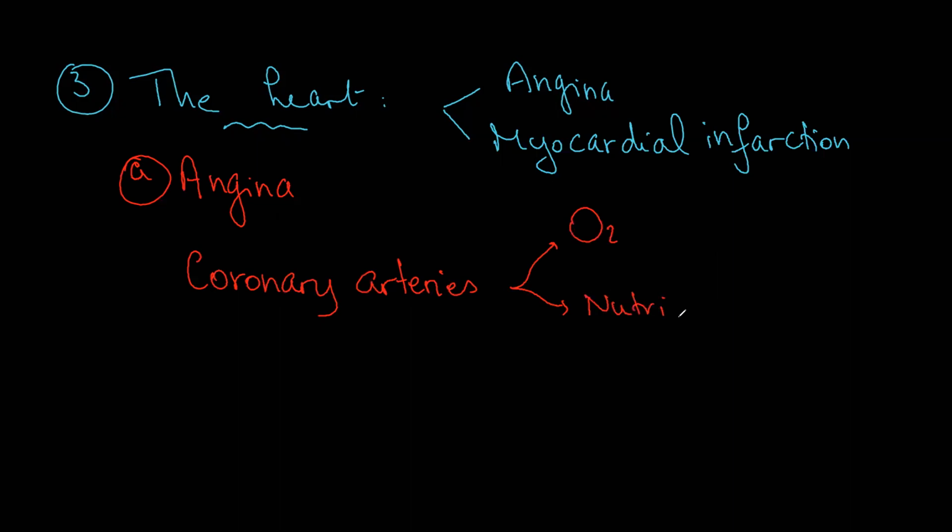Why? Because the cardiac muscle is a part of the body, so it has to respire in order to produce energy to allow the heart to work. The cardiac muscle needs oxygen and nutrition for its respiration.